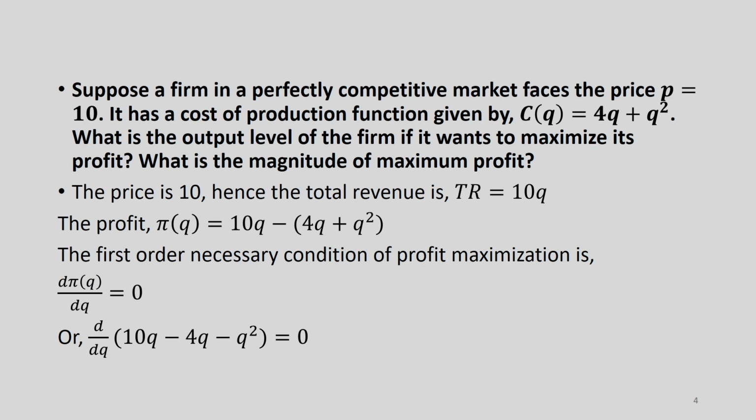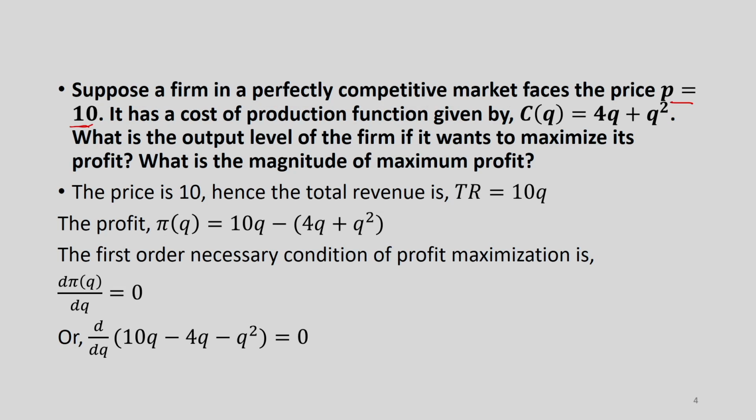Okay. Here is a problem from profit maximization, and we are talking about a firm which is in a perfectly competitive market. This firm faces a price P given by 10. As it is known, in a perfect competition market, the price is constant. So, the producer cannot influence the price, it is given.